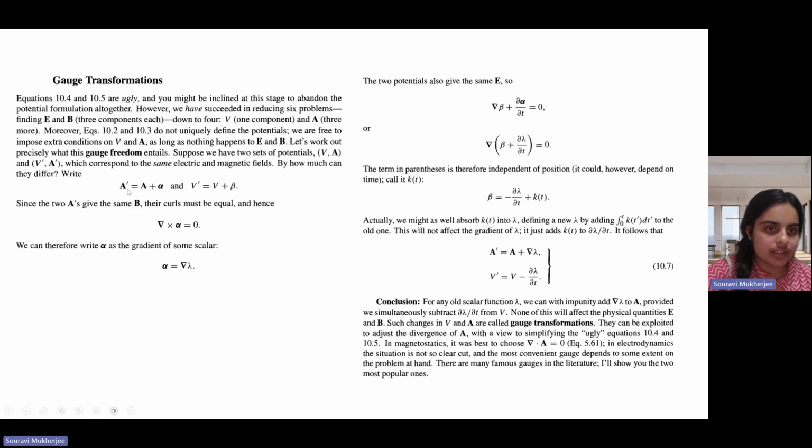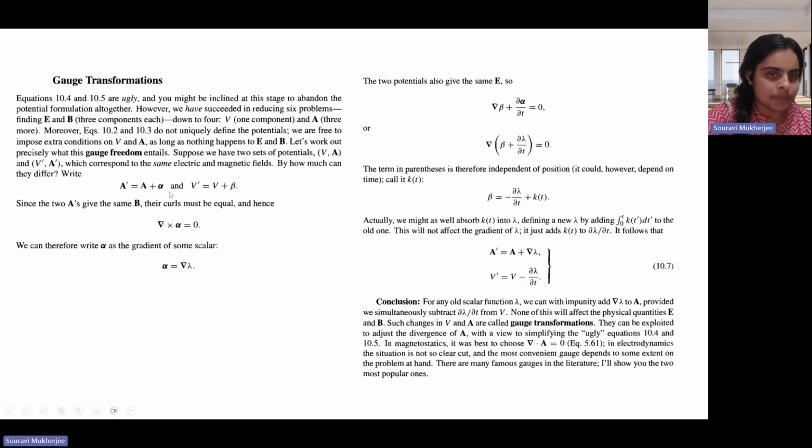So suppose this is your vector potential A, and now you add some term to it, alpha, and you get a new vector potential. Similarly, you get a new scalar potential. But we know that for the magnetic field to remain the same, the curl of these quantities should be equal. So curl of A prime should be equal to curl of A, and that is equal to the magnetic field. That tells you that curl of alpha should be equal to 0.